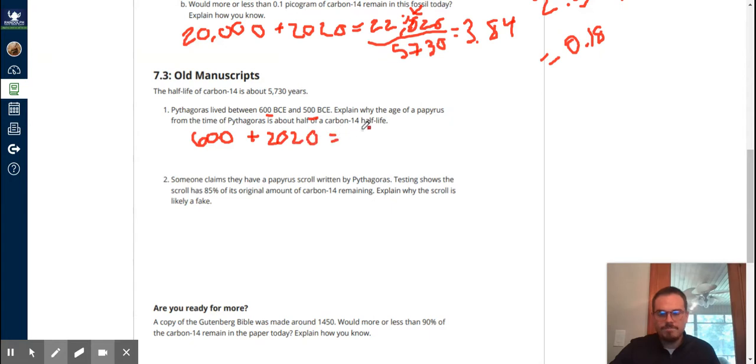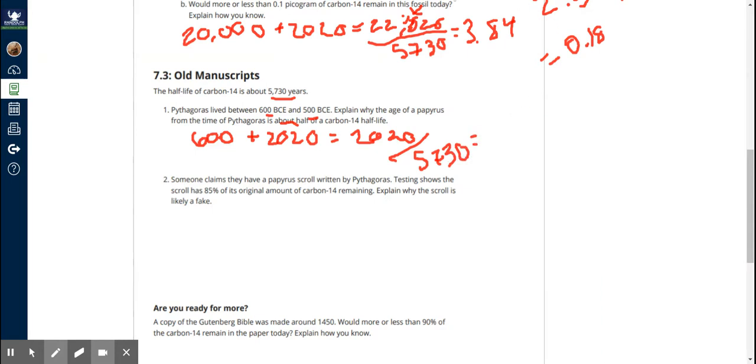It does say about, right? We're going to call that 26,20. So we know that the half-life is 5,730. So if I take that and divide it by 5,730, what I'm looking for is about half. And what we're going to get from this division is 0.46.